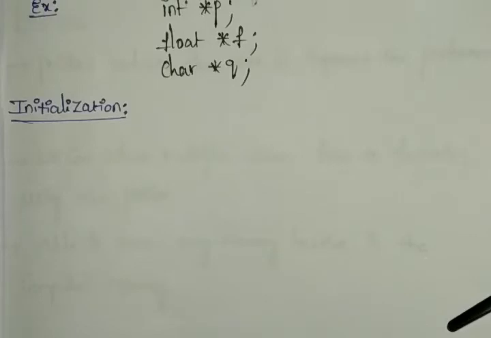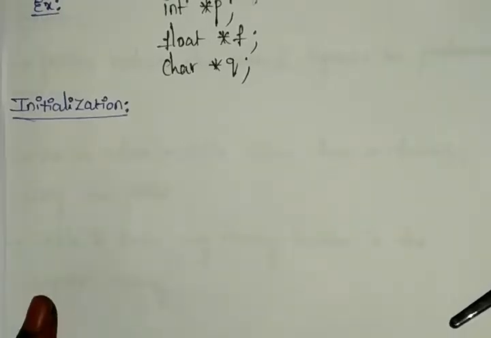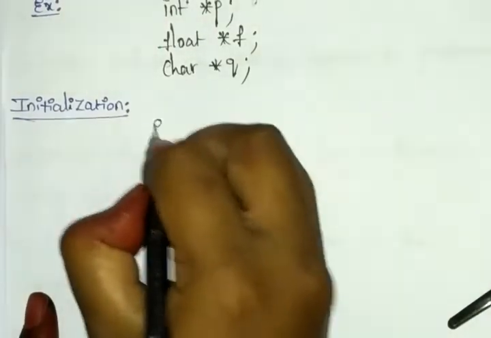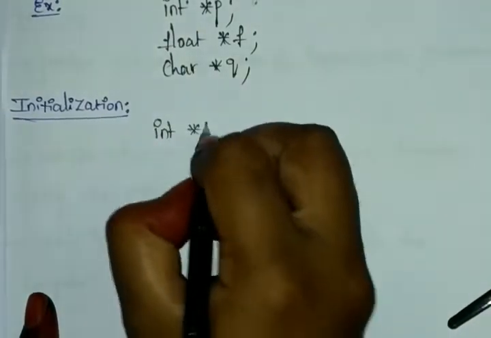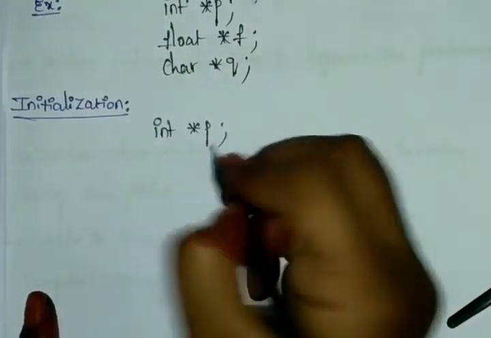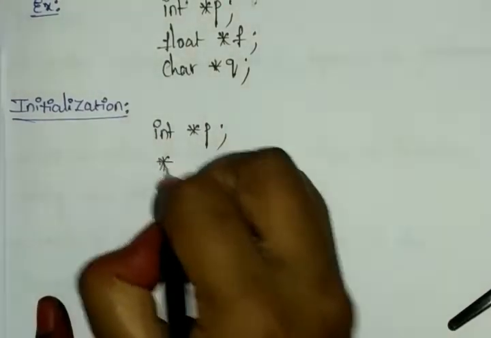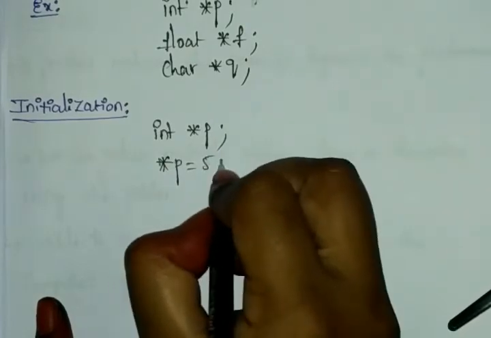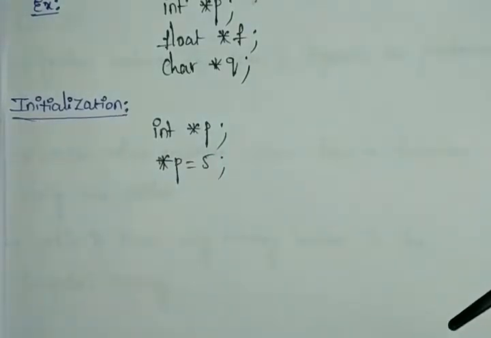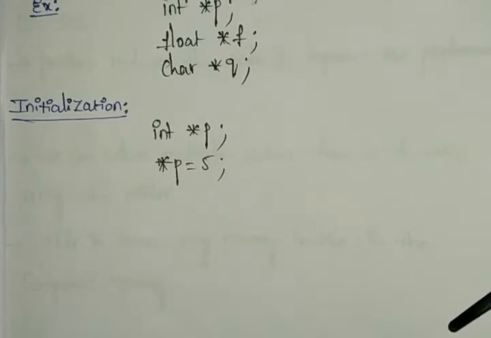For example, here I'm choosing the declaration part like here int p. The p value I am choosing is 5. Okay. Here I am choosing the pointer p value like here 5. So by using this we can initialize our pointer.